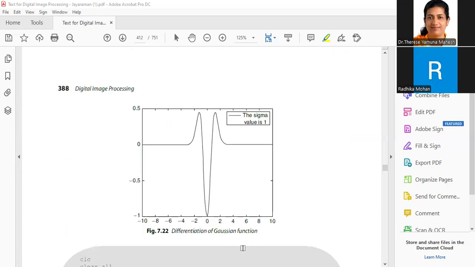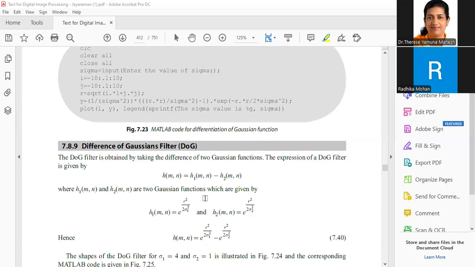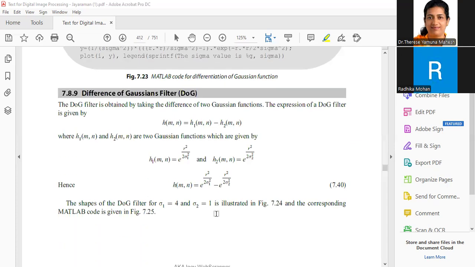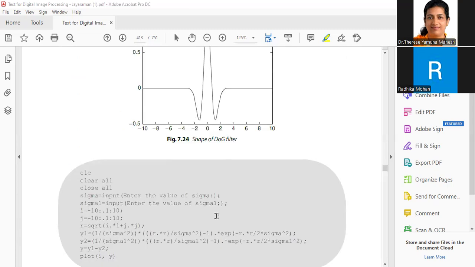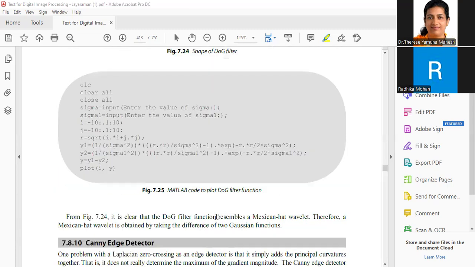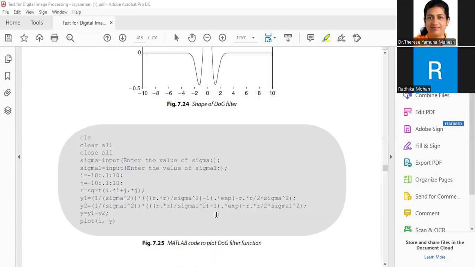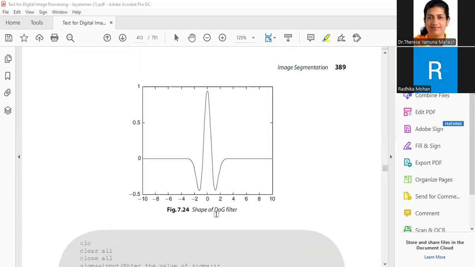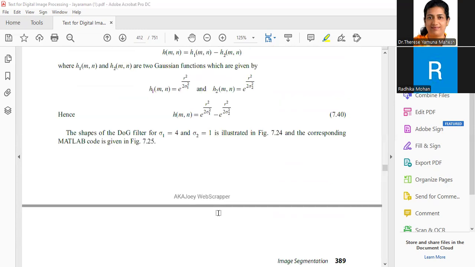Difference of Gaussian, we take the difference of the transfer functions and then convolve it with the image. Okay, these are the different types of first order derivative edge operators and the second order derivative edge operators.